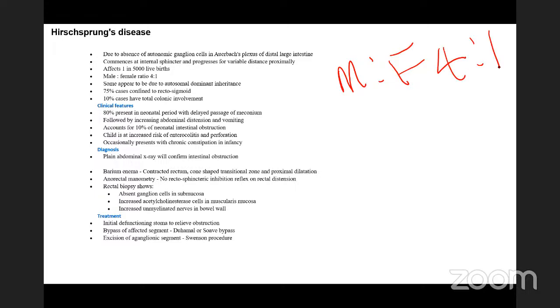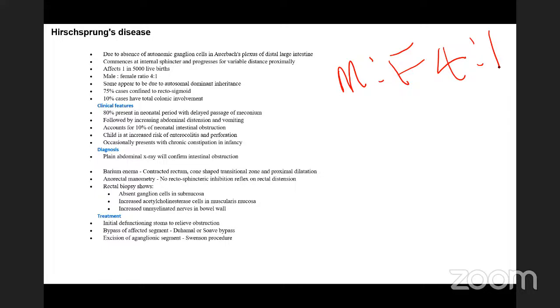Some appear to be due to autosomal dominant inheritance. 75% of cases are confined to the rectosigmoid junction. 10% present with total colonic aganglionosis.